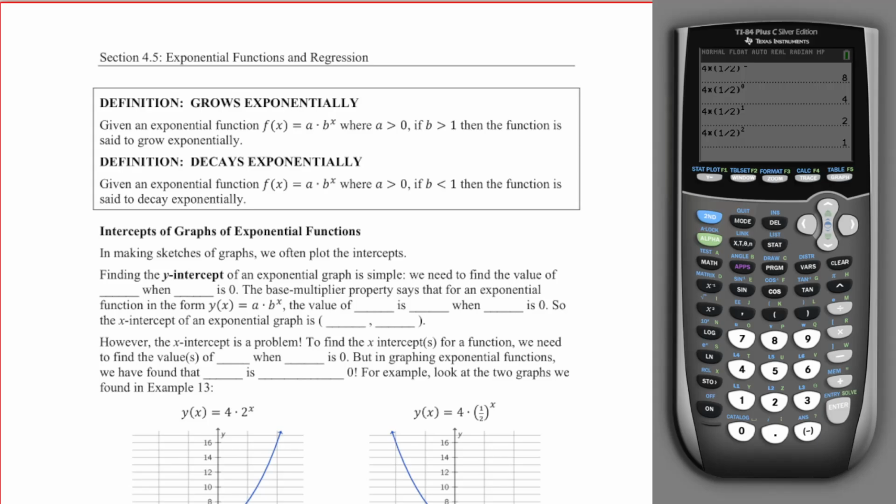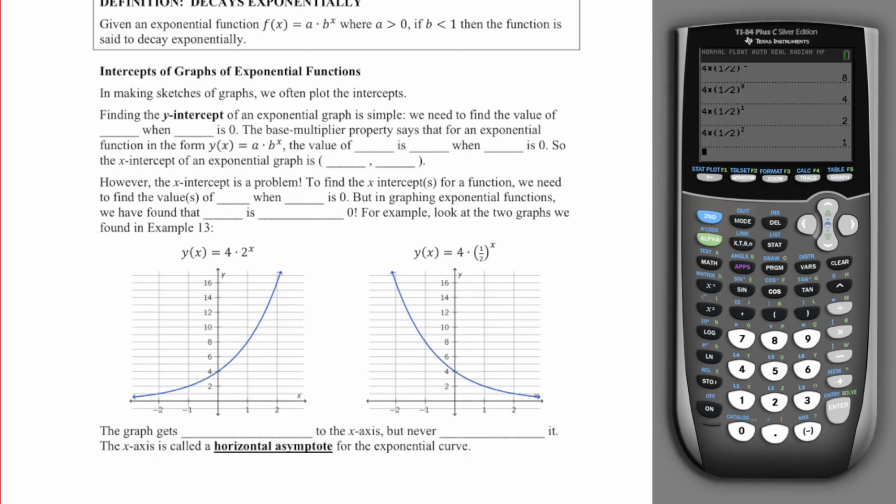Just like any other function, we can talk about x and y intercepts for an exponential, but there's a wrinkle here. Finding the y-intercept is simple. We need to find the value of y when x is 0.